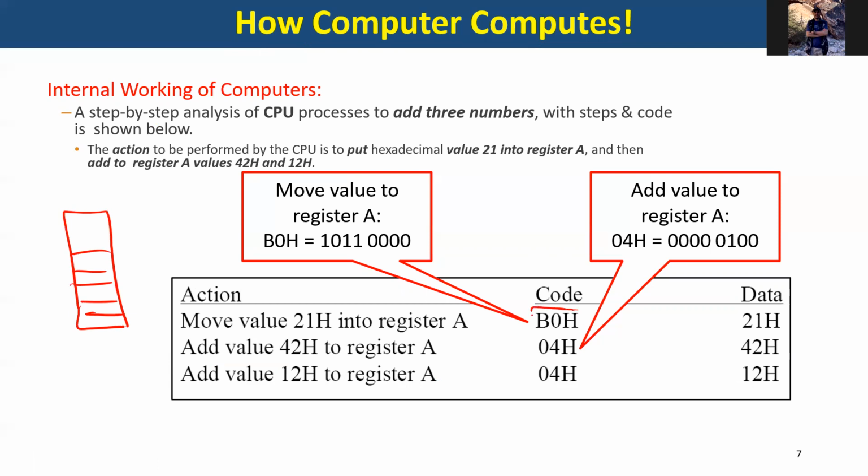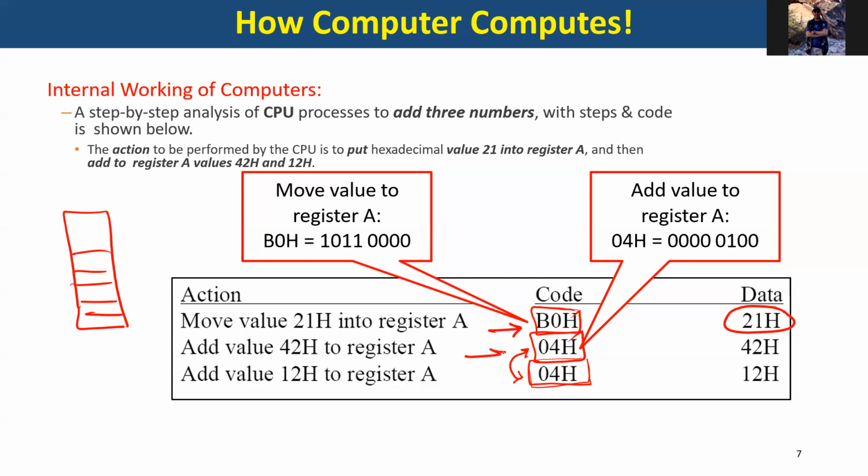Here is the code for the move to A. This is the code for the addition, add to A register. And this is again the same instruction, so it's again add to A. This is an instruction itself. So I'm saying in the first one, move to A. So I need to know move what. So we need the data.